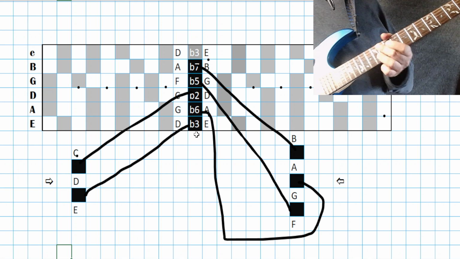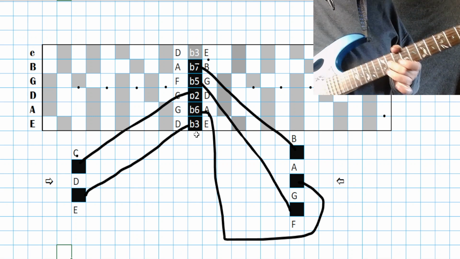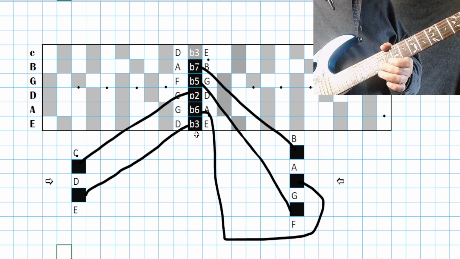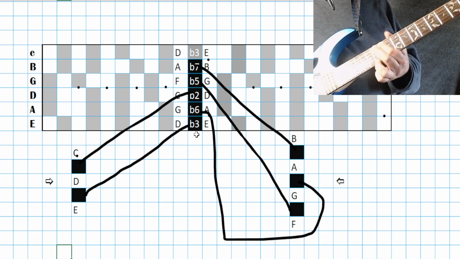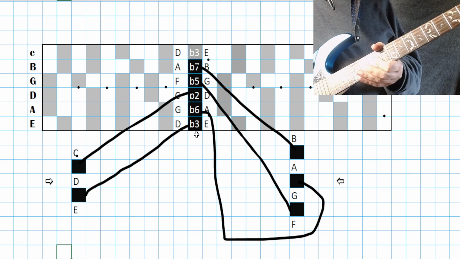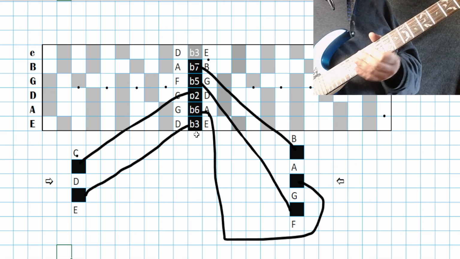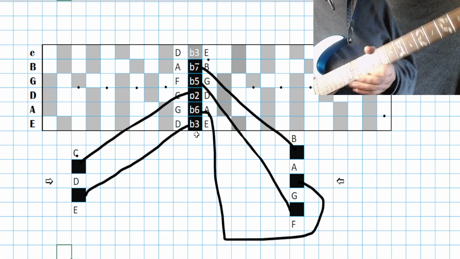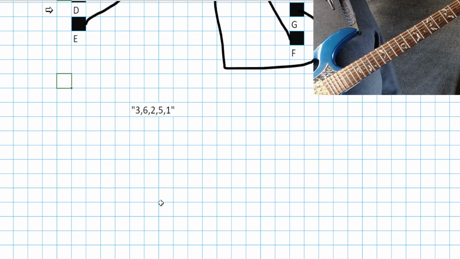The next one down, 3-6-2, flat 2. 3-6-2-5, flat 5. Flat 7, and then a repeat at the top, the flat 3rd. So 3-6-2-5-1, flat 3, flat 6, flat 2, flat 5, flat 7, flat 3, if you want to be. Would that be pedantic? I don't know. Anyways, so there it is.